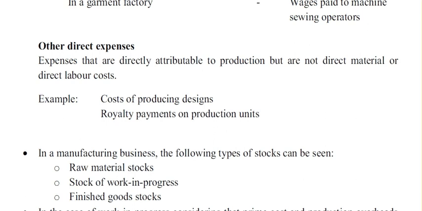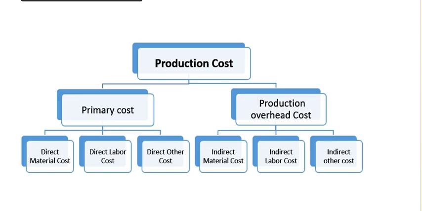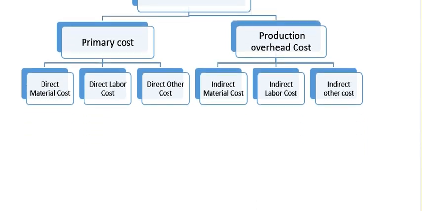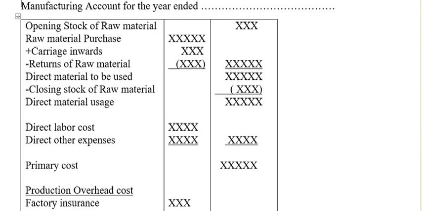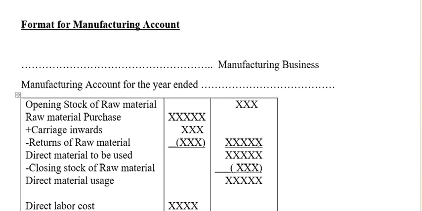So we'll see how to prepare the production statement. Next, you should know how to prepare the production statement, so let's go to the format. This is the format for the manufacturing account.